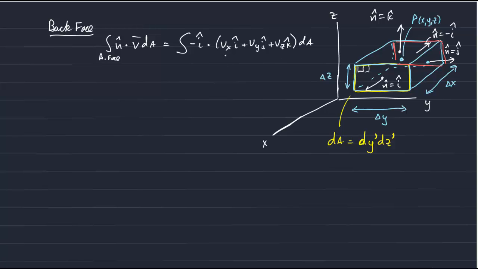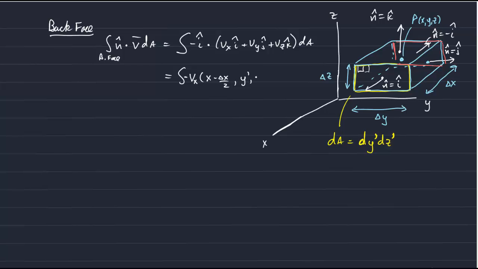So the only term that's left is this Vx term, because minus i hat dotted with i hat is just equal to minus 1. And so again, we're left with minus Vx evaluated this time at x minus delta x over 2. And we're integrating again over y prime.